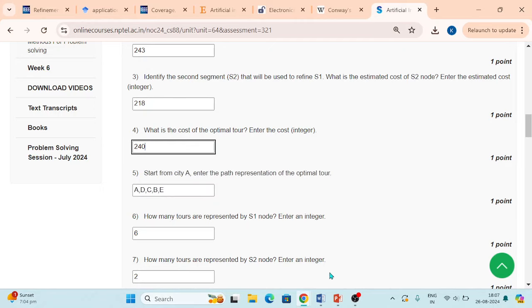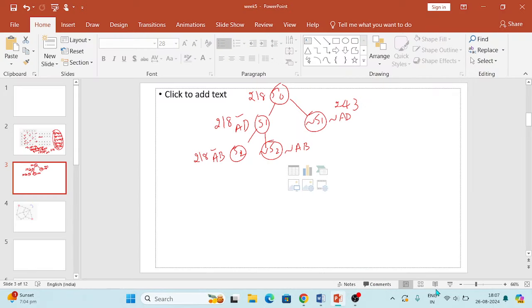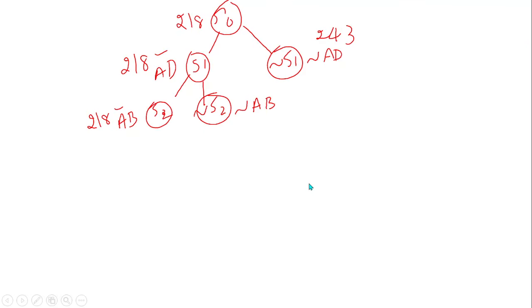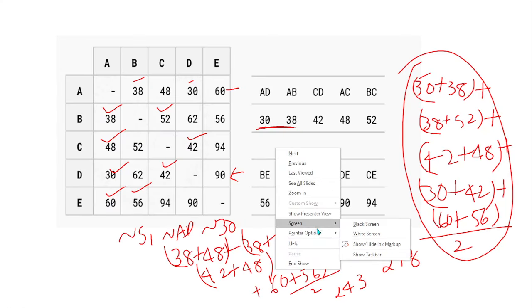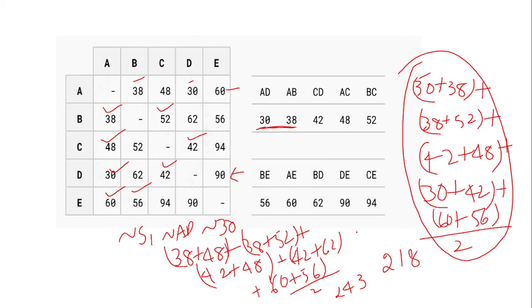Next, what is the cost of the optimal tour? Whenever the term optimal tour comes, you have to construct the entire tree. So here, after AB, we are using the next one, S2. After S2, we see what is next. The next minimum is 42, that is CD.